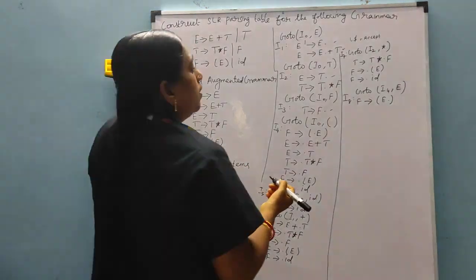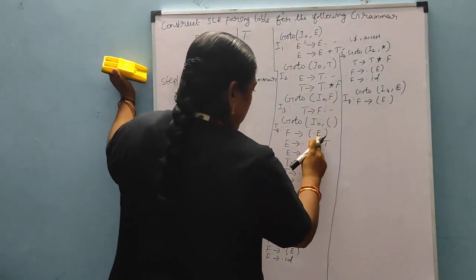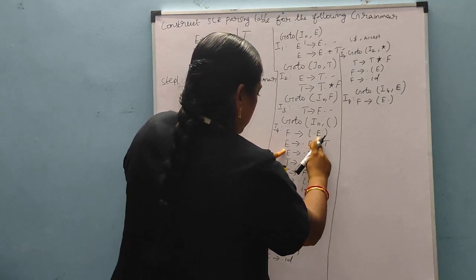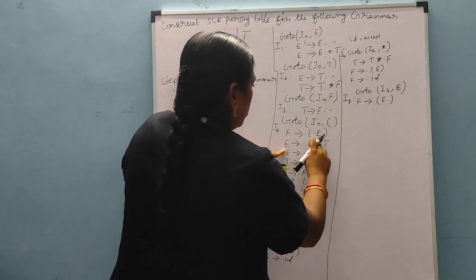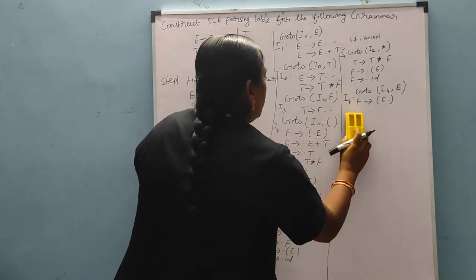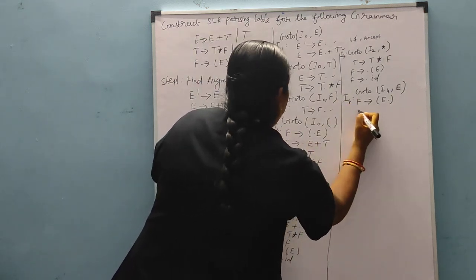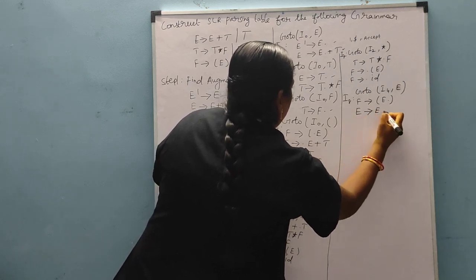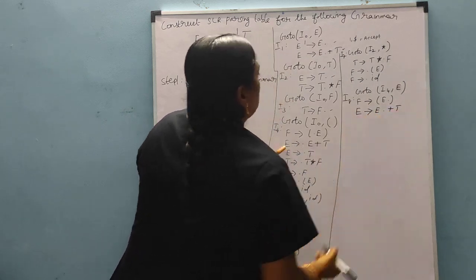Okay. So after I4 comma E, the next state, yes, is it correct? No, one more production is also there, right? So before that I can add one more production, E dot plus T also.